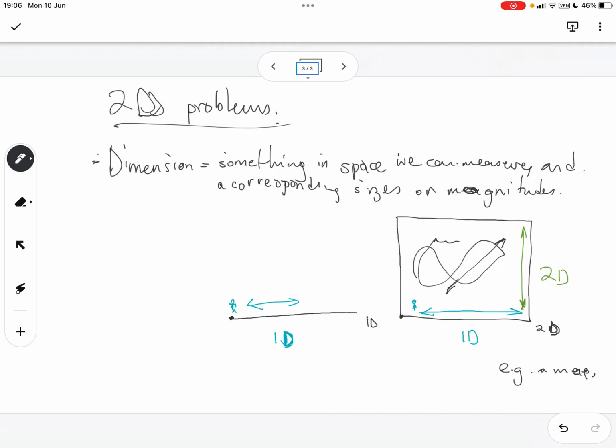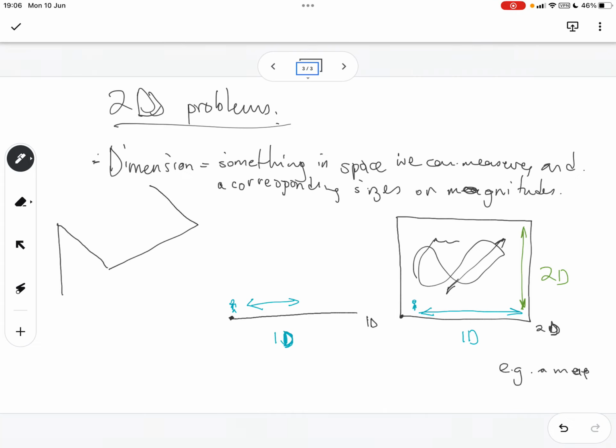Now, a 3rd dimension is added if... So an example of where we apply 2D thinking, like a map. You can't see a height per se on a map. You can see an indication of what might be a height on the map, but you can't really see it like you see a height map.